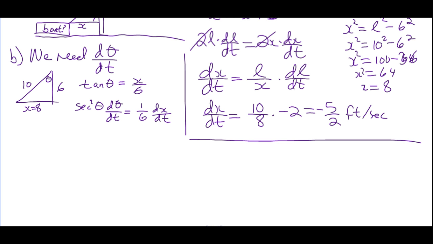I want to get d theta by dt by itself, so d theta by dt equals 1 over 6 secant squared theta dx by dt. I suppose we could just write that as cos squared theta over 6, couldn't we? Let's do it.